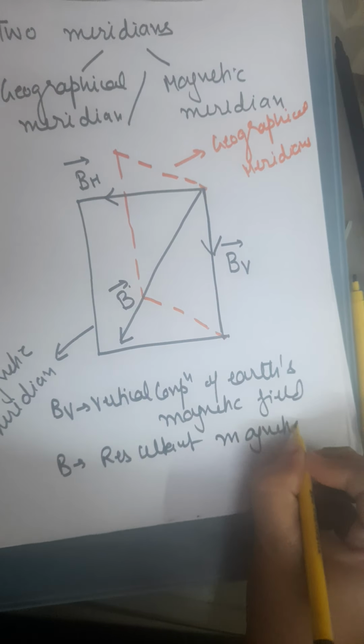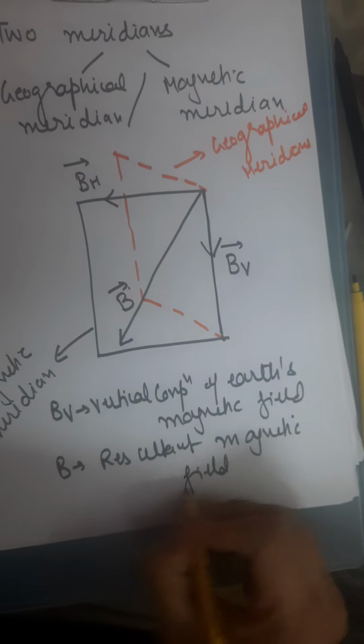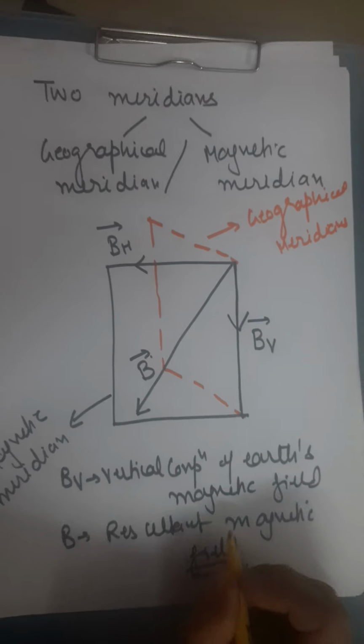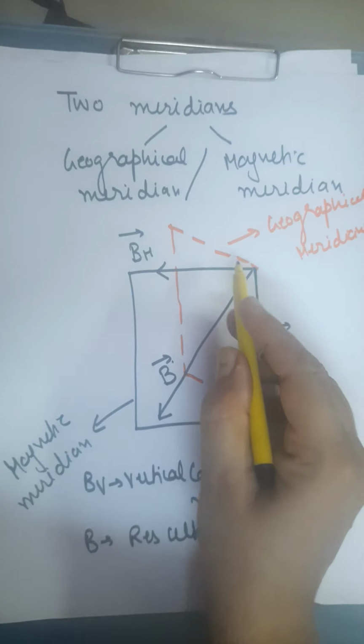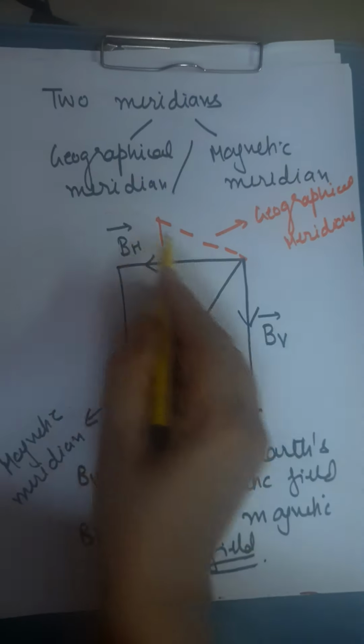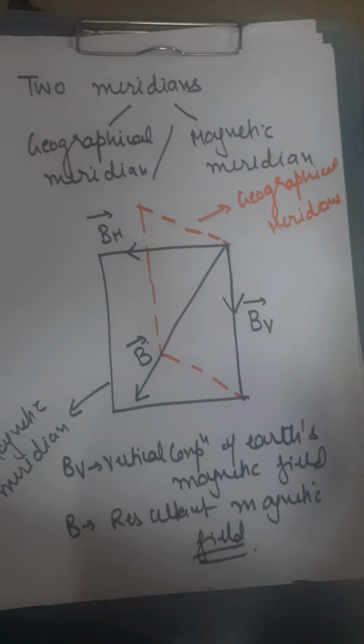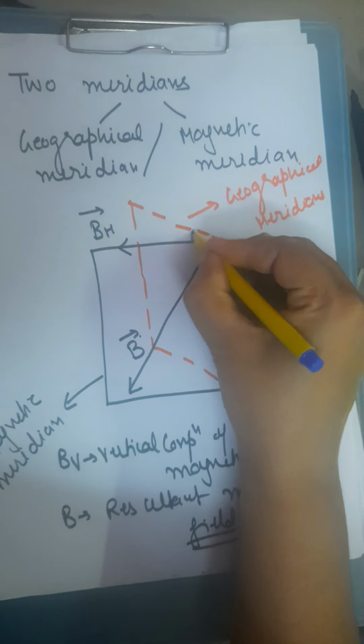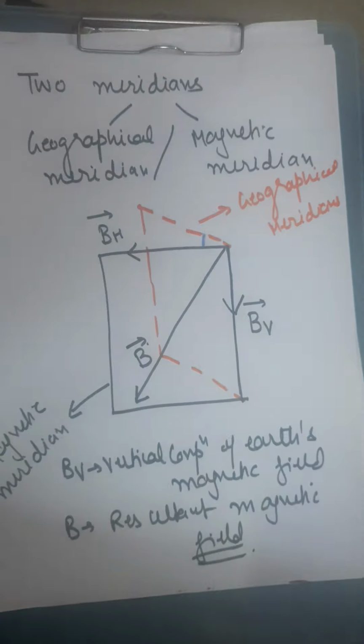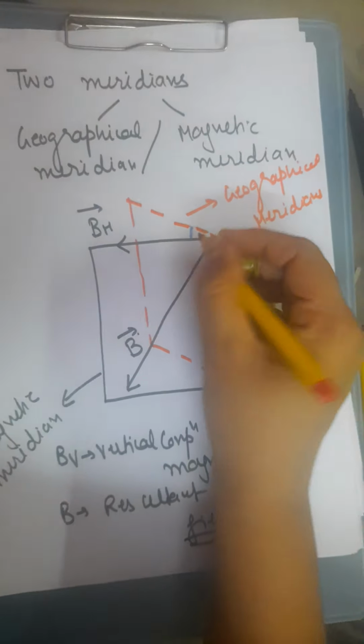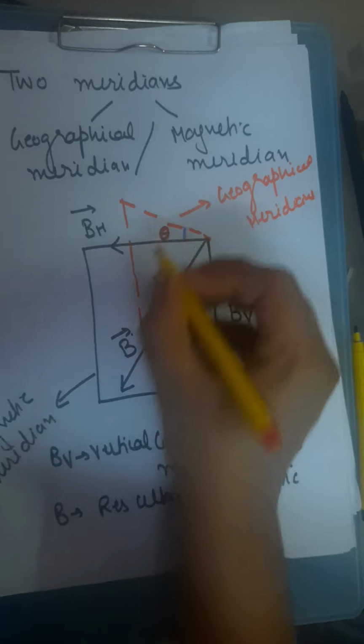Now very carefully you all draw this diagram in your notebook also and understand the concept also. First, children, the angle between geographical meridian and magnetic meridian. This angle between them, children, is called the angle of declination theta.